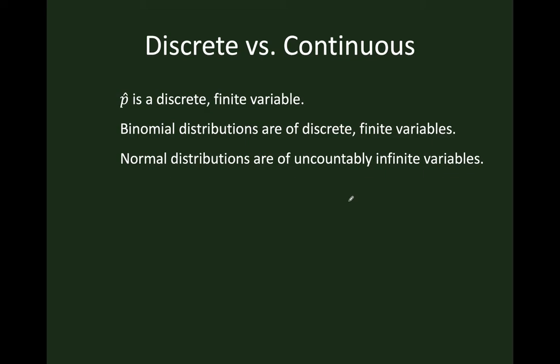Now, we're going to transition into talking about the normal distribution, or the normal approximation of these binomial probabilities. And in the process of looking at that, we need to think about the difference between discrete and continuous. Discrete means that the sample space for the variable is either finite or it's countable.